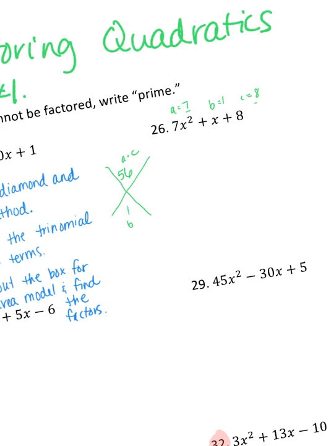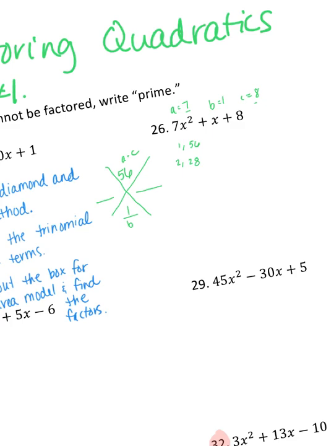So now we are looking for two numbers that multiply to 56 and add up to 1. So our factors of 56, we've got 1 and 56, 2 and 28. Let's see here.